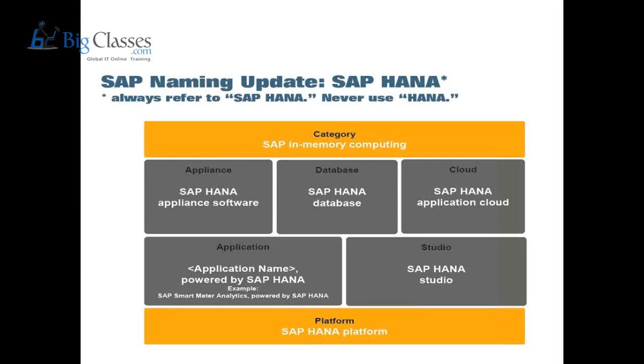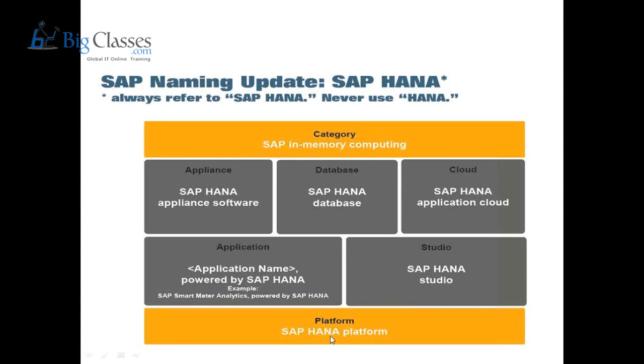So this is the SAP in-memory category. SAP HANA falls in the SAP in-memory category, where the IMDB and IMCE concepts are available, where you'll be saving your data in the in-memory platform, and all your calculations will be done in your cache, right?